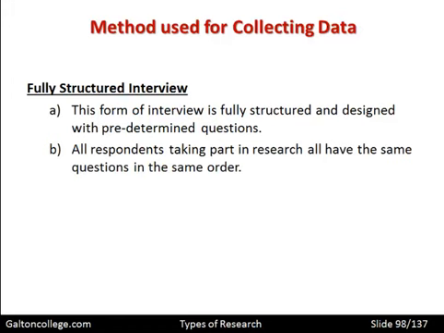All the respondents who take part in research should have the same questions in the same order, so that there is some consistency in the activity, and it's possible to look across all of the responses and realize that the questions happened in the same order and they got the same questions, the same words were used. So it's important that the interviewer is briefed on how to conduct the interview.